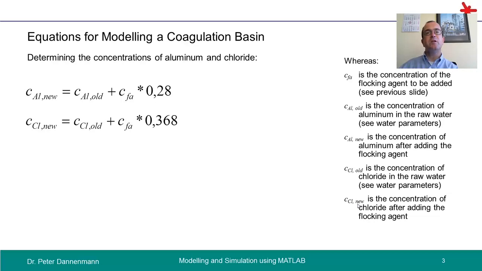This means the new concentration of chlorine in milligrams per liter is the old concentration in milligrams per liter plus the concentration of the flocking agent in milligrams per liter multiplied by 0.368.